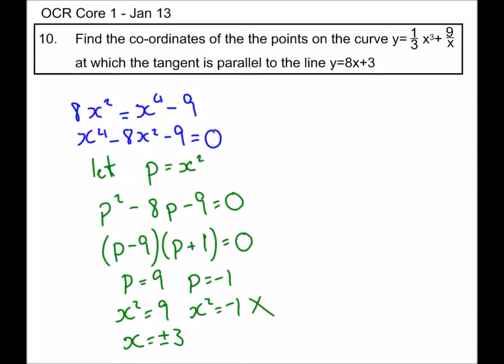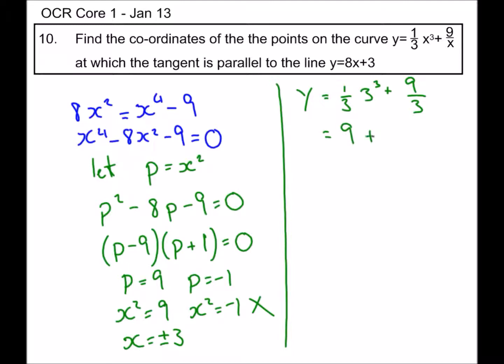We need the coordinates. Well, we've found the x coordinates now, but it's plus 3 or minus 3. Now we need to find the y coordinates. So to do that, I'm going to substitute our 3 back into the equation, which will give us this. 3 cubed is 27. 27 divided by 3 is 9.